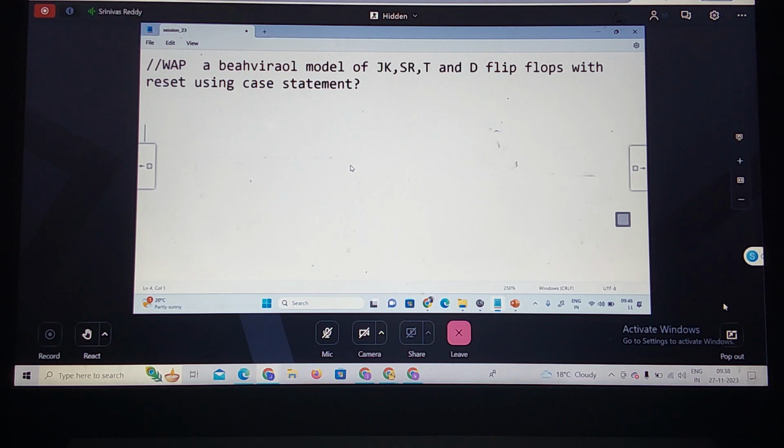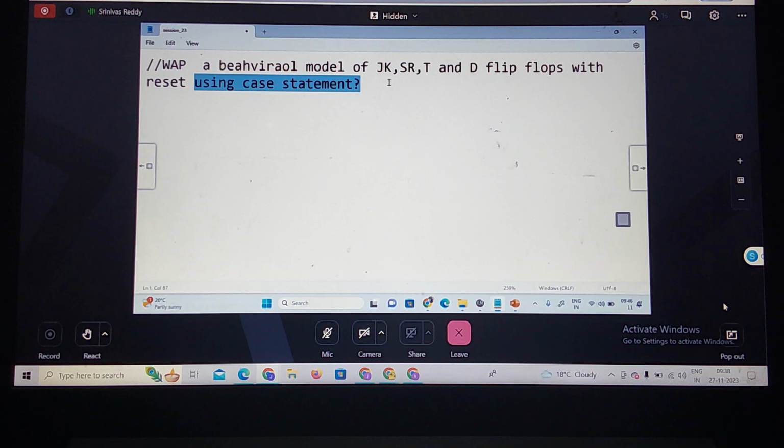So what are the programs we wrote in the last lesson, correct? Without reset. Clock, S and R are the inputs, Q and Q bar the outputs. Now using case statement, you can write a behavioral model for JK, SR, T, D flip-flop using the reset.